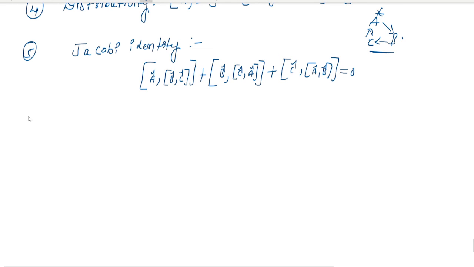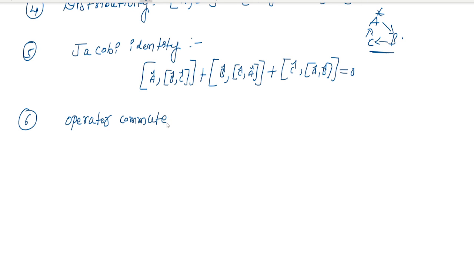Next, sixth, an operator commutes with a scalar. So if one operator is there and B is a scalar, then it gives 0.